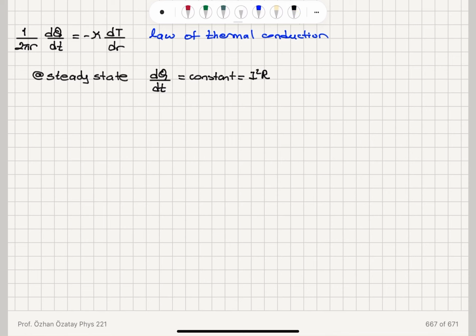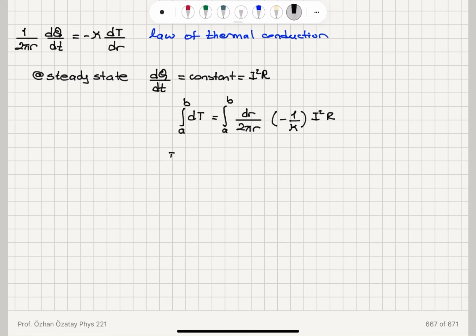So if I consider this equation and I isolate dT, and integrate between a and b, dT is going to be equal to the integral between a and b, where for dQ/dt I substitute I squared R. Here I have dr going here, dr divided by 2 pi r, multiplied by minus 1 over kappa, with I squared R substituted for dQ/dt.